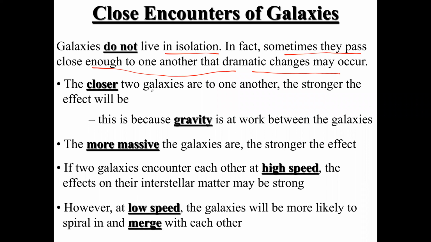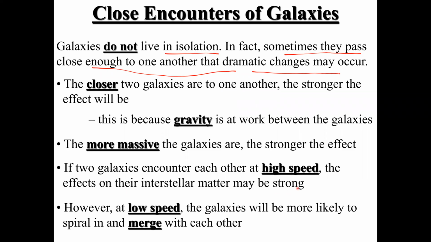Now, the closer the two galaxies are to one another, the stronger the effects will be. The more massive galaxies will have stronger effects. And if two galaxies encounter each other at high speed, then the effect on their interstellar matter may be strong.